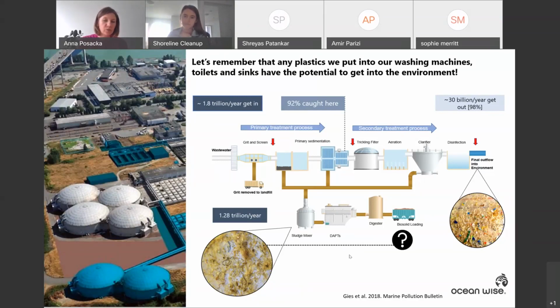And one question I also wanted to raise here, something that's not understood very well, is that while wastewater treatment facilities catch the majority of microplastics and microfibers, and they end up in our sludge, sludge and specifically the treated sludge, so the biosolids, are very frequently applied to land for agricultural purposes.